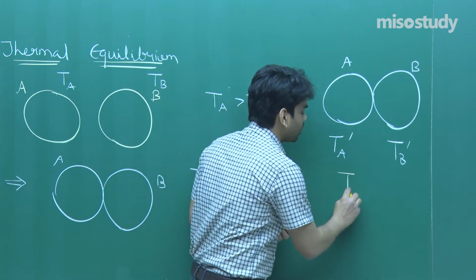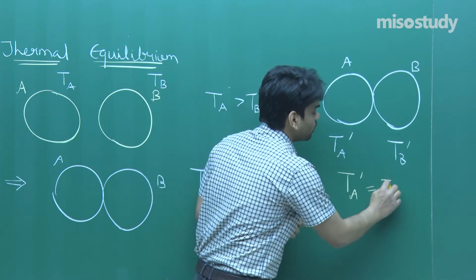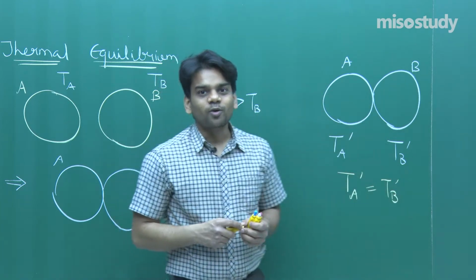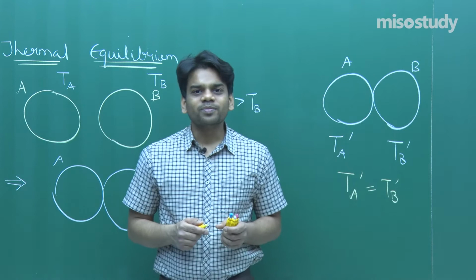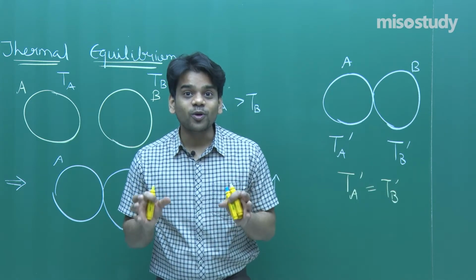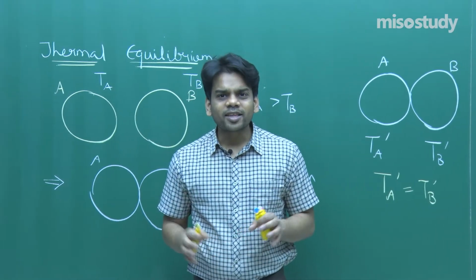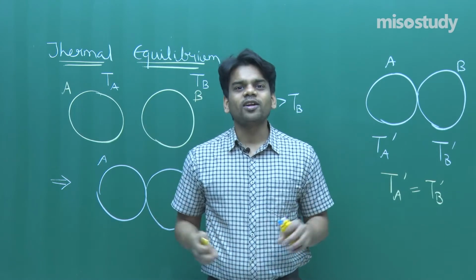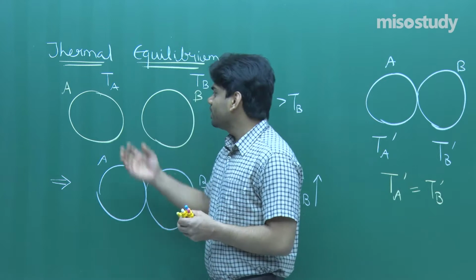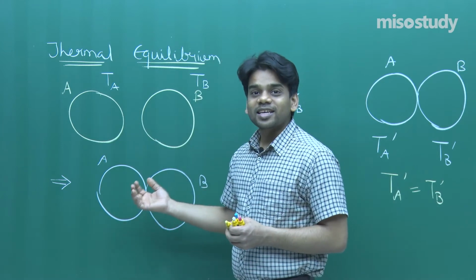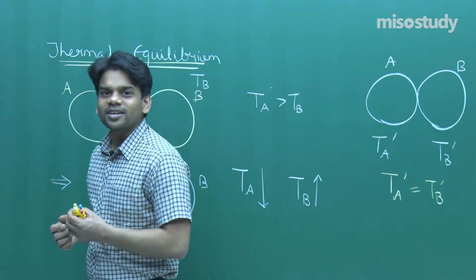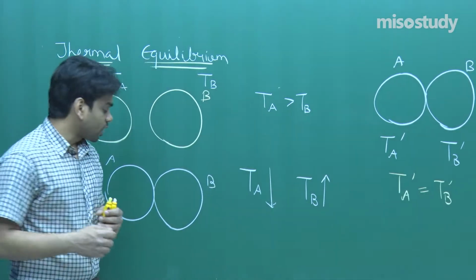Therefore, temperature of A will be equal to temperature of B, that is T dash A will be equal to T dash B. So in thermal equilibrium, both the bodies attain the same temperature and there will be no exchange of heat between A and B. Such a state is said to be thermal equilibrium existing between A and B. Now, how to use this concept in understanding the zeroth law of thermodynamics?